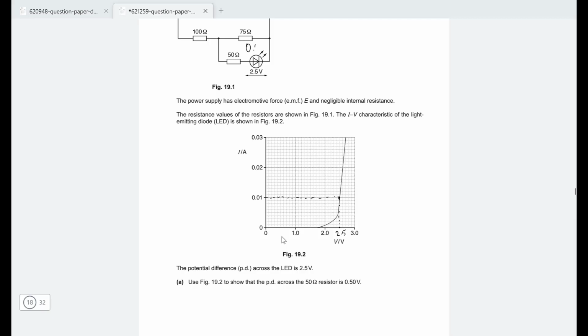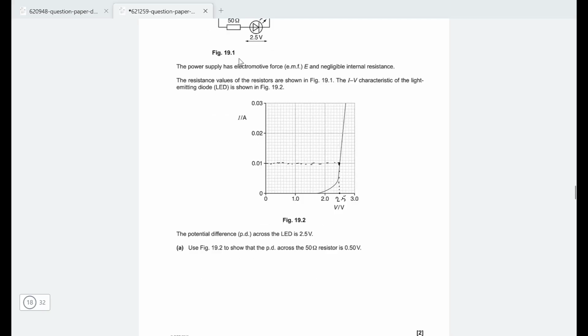So there's 0.01 amps, which is going across this branch of the circuit. Because the LED is actually in series with the 50 ohm resistor, then we could really easily find the potential difference across it, because the current will also be 0.01 amps through that resistor as well.